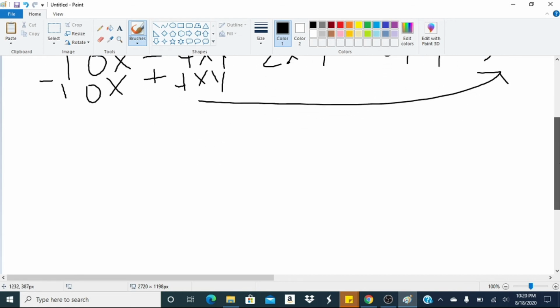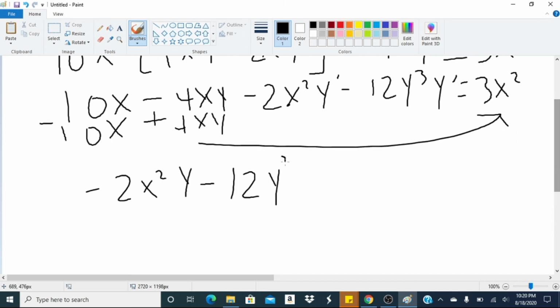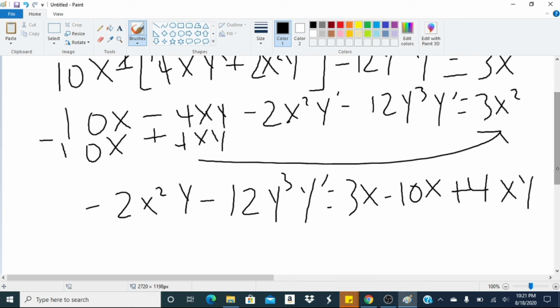Okay, so when we do that, we get negative 2x squared y prime minus 12y cubed y prime equals 3x squared minus 10x plus 4xy. I forgot to put the y prime.